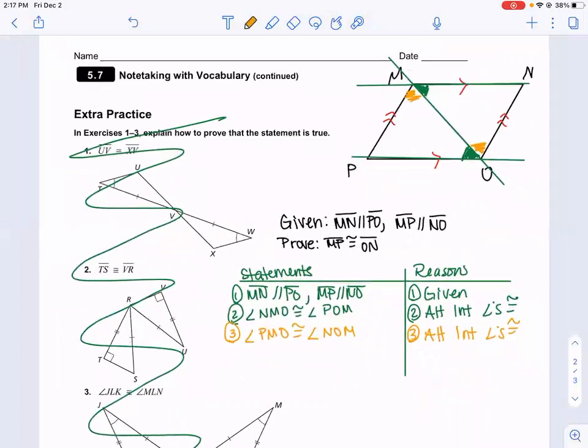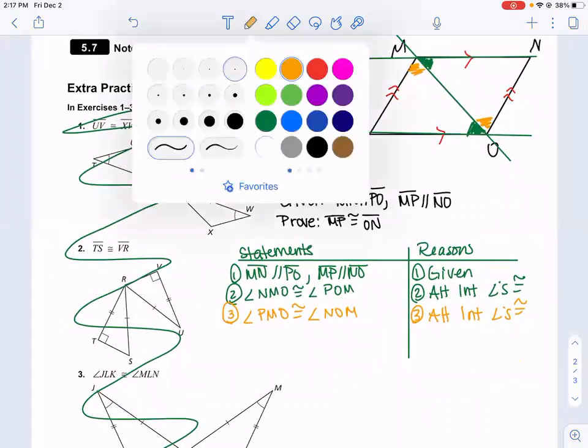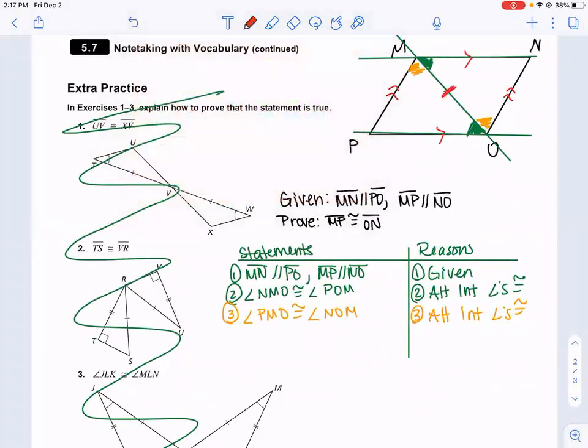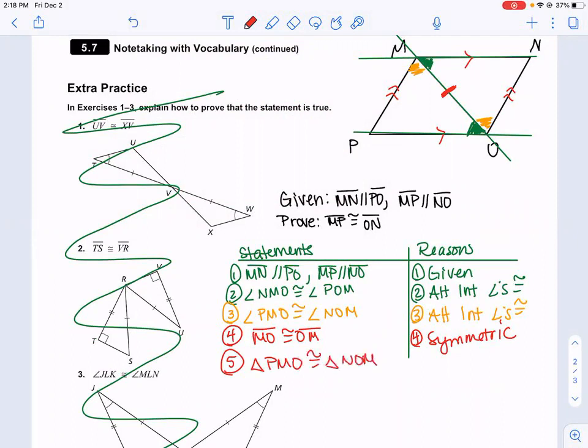And then you can just do MO. Now, is it gonna be reflexive or symmetric? Okay, MO needs to be congruent to OM, so that we can say that triangle PMO is congruent to triangle NOM.